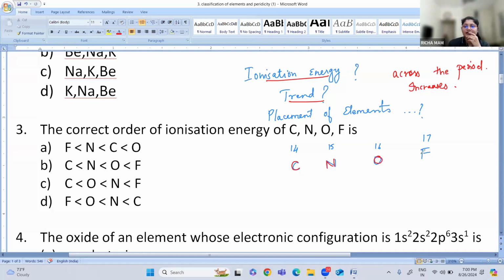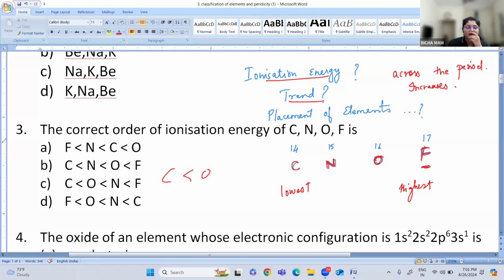Across the period, it increases. So fluorine will be highest ionization energy, and here it will be the lowest. So carbon is less, then comes your nitrogen, then oxygen, and then fluorine.